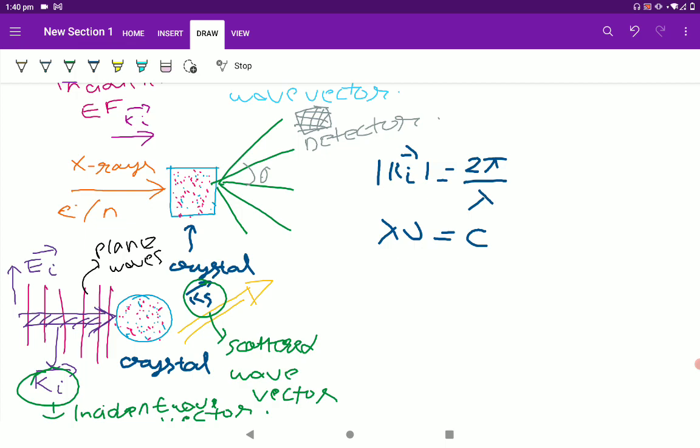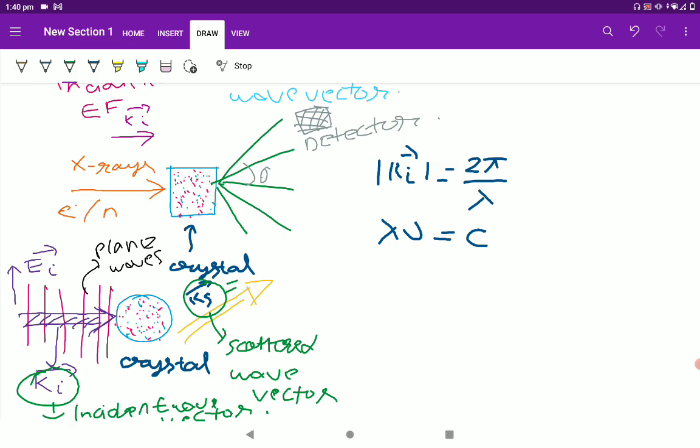We will see that the wave which comes out of the crystal is overall a spherical wave. But if you go very far from the front of the spherical wave, that wave can be approximated with a plane wave.